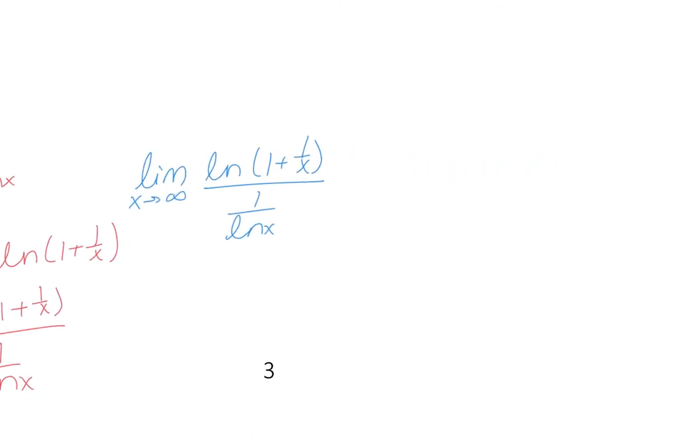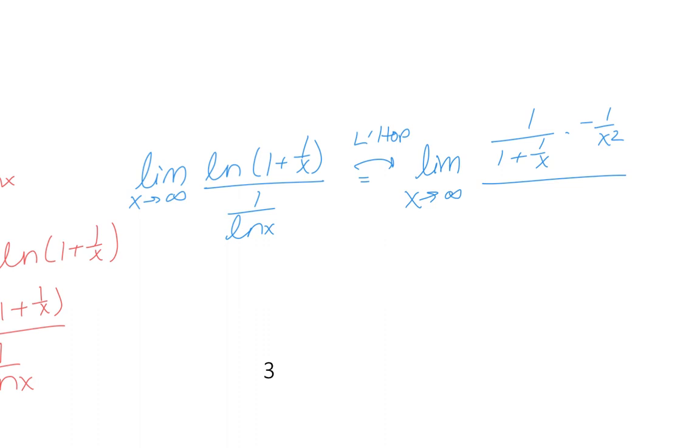L'Hopital's does apply, so I can use it, and I'm going to use it. I'll hop. And the limit equals, x goes to infinity, in the numerator, I'm going to have 1 over 1 plus 1 over x, and then the derivative of 1 over x is going to be negative 1 over x squared.